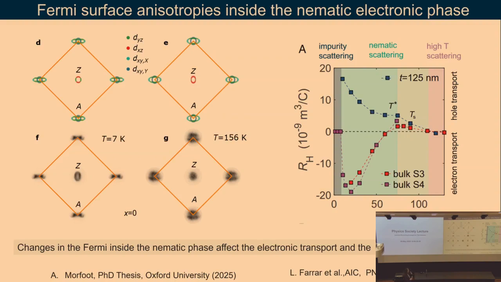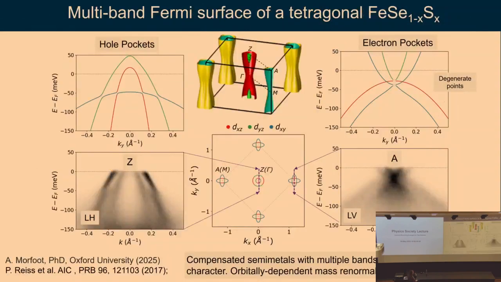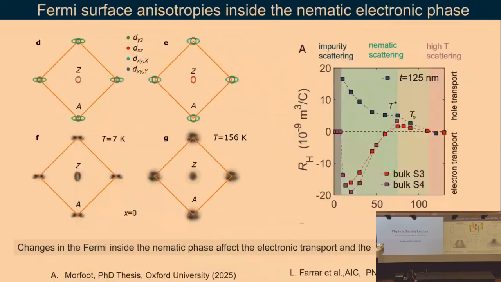In the tetragonal phase we could see over here fourfold symmetry for all the pockets, but when we go to low temperature inside the nematic phase, we see that this symmetry is broken. And now the system has twofold symmetry. The electron pockets have elongated along one direction, and the hole pockets in another direction. So these are the manifestations of this nematic electronic phase.